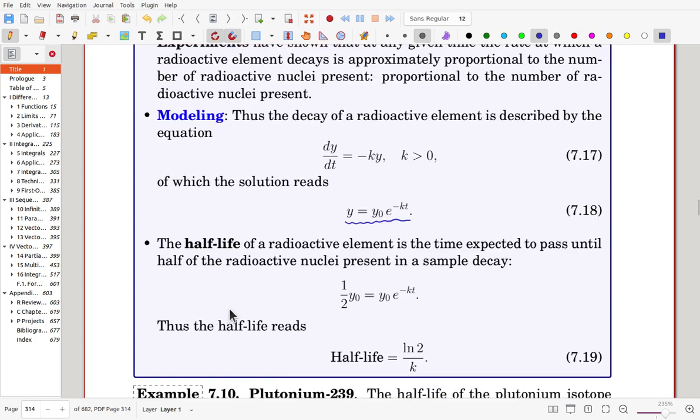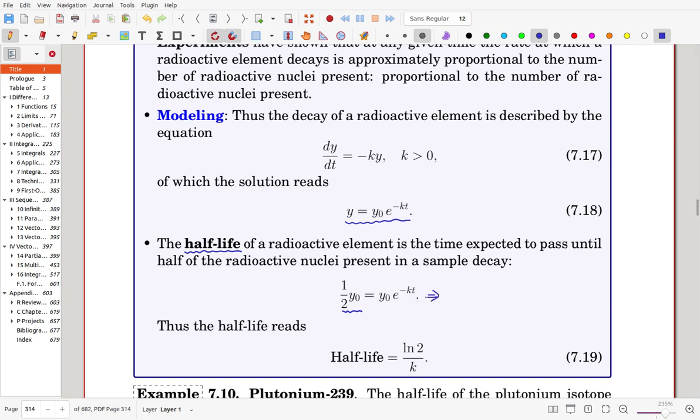Here, half-life is the time expected to become half of the original quantity. So for that, we start with y0 and it becomes half of y0. From this we can solve the problem quite easily. Assume we know k, we can decide the time.